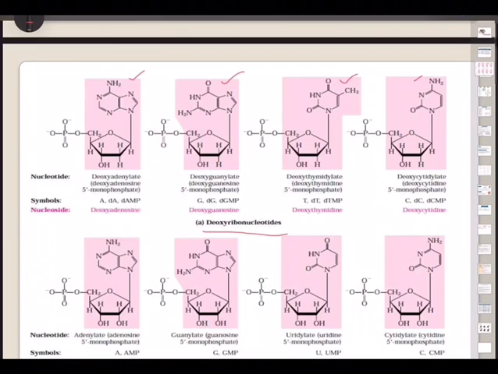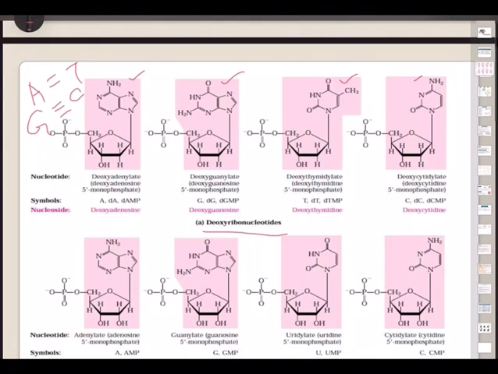When we join these together, there is something called base pairing rule. What is the base pairing rule? Adenine combines with thymine, and cytosine always combines with guanine. So it is A-T, and in between there will be a double bond.